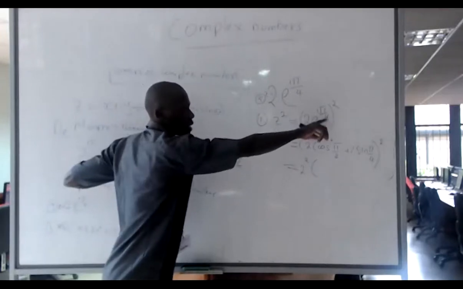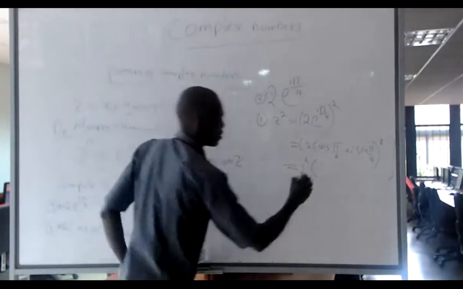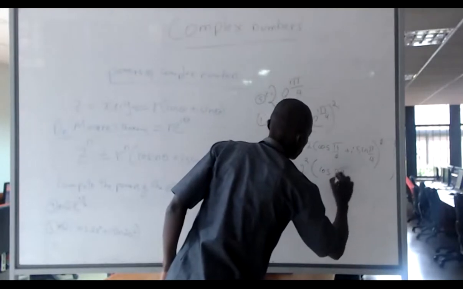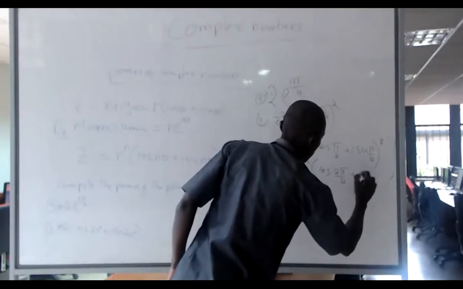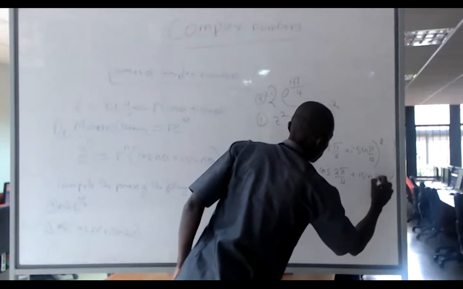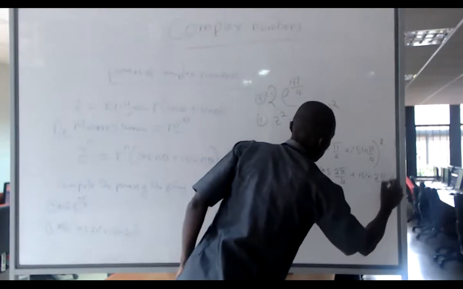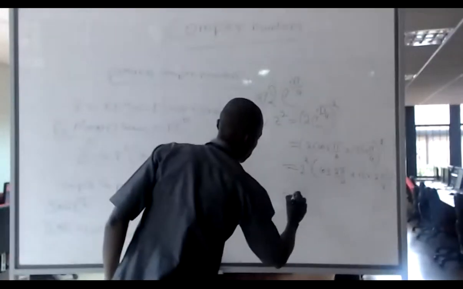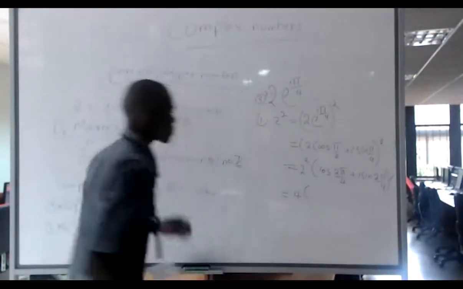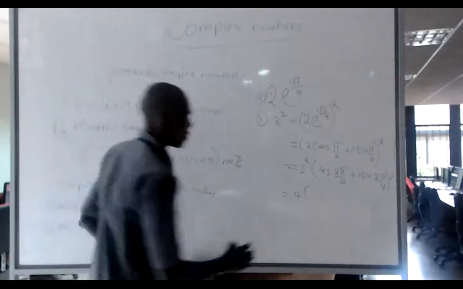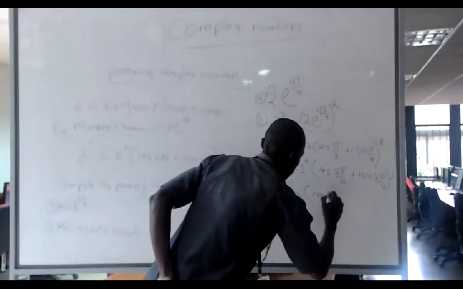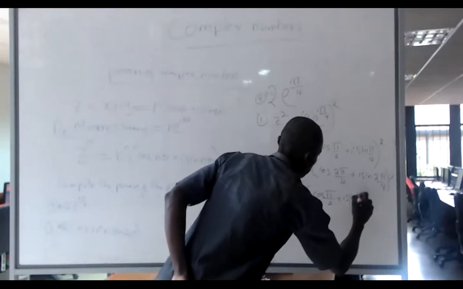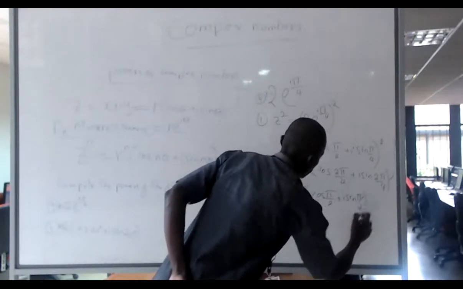So this should be 2 squared times cosine of 2 times pi divided by 4 plus I times sine of 2 times pi divided by 4. 2 squared is 4, and 2 pi by 4 is pi by 2, so cosine of pi by 2 plus I sine of pi by 2.